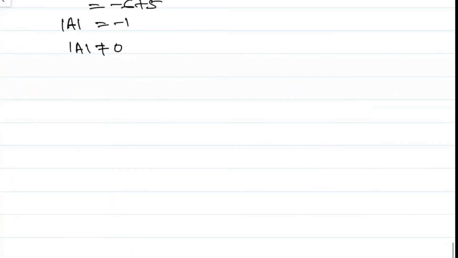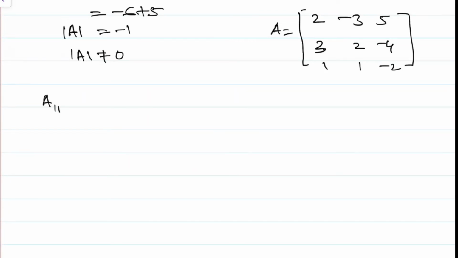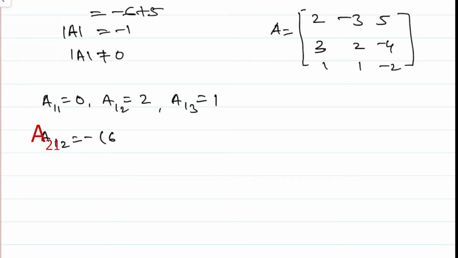So for the sake of convenience, let us write matrix A once again here, so that we need not scroll the page again and again. So A11, A12, A13 we have already calculated. A11 equal to 0, A12 equal to 2, A13 equal to 1. Now A21 is minus of the minor, since 1 plus 2 is an odd number, so minus sign, 6 minus 5.